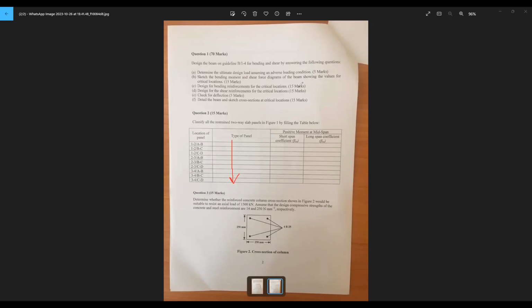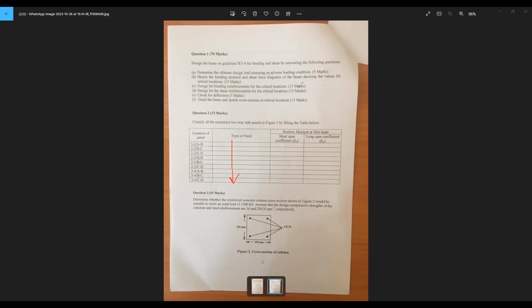And under that, we have values. We will consider those values for the next columns in the question. Then you have long span coefficient, BSY, for all values of Ly over Lx. That is the portion we will use to fill the long span coefficients in what we are doing. Okay, a very interesting one.